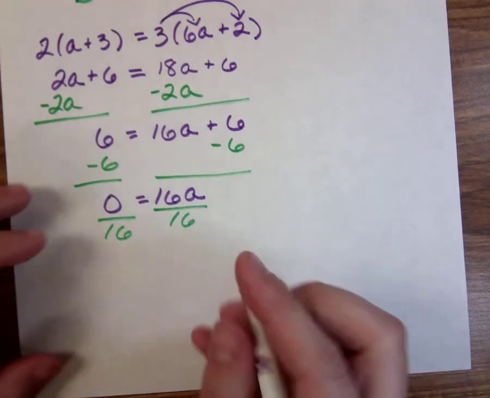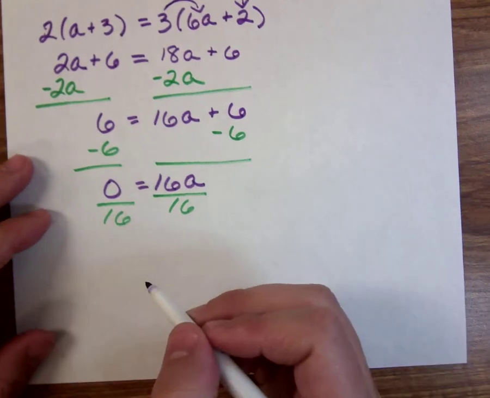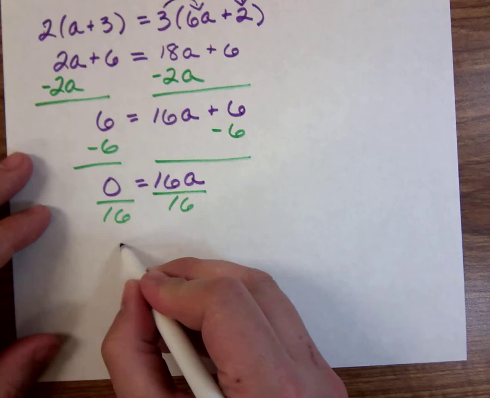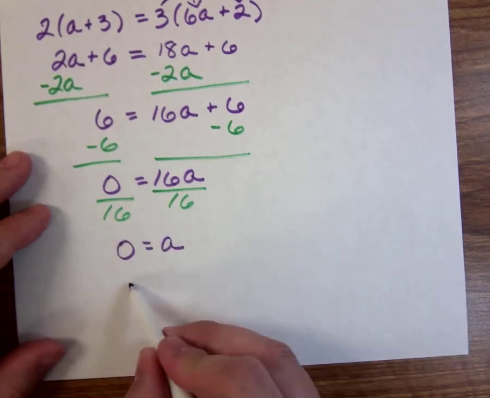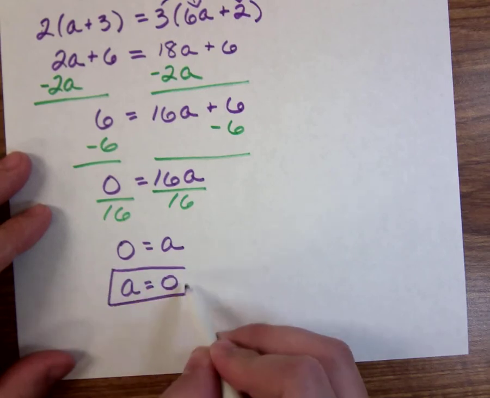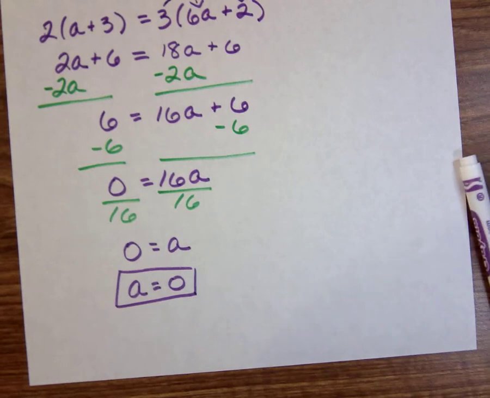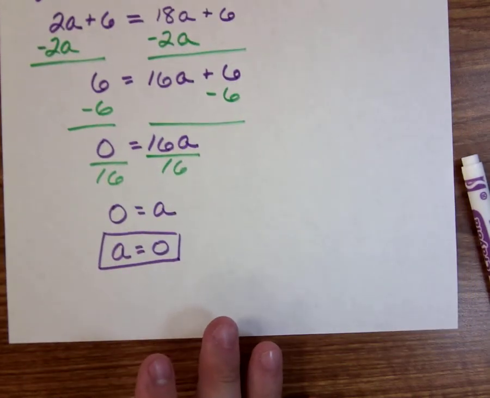What's 0 divided by 16? No, you're thinking 16 divided by 0. 0 divided by 16 is 0. So after all that work, the answer is, let's go ahead and use our symmetric property, a equals 0. That was a lot of work to get 0 for the answer.